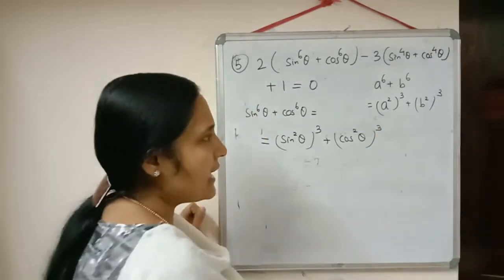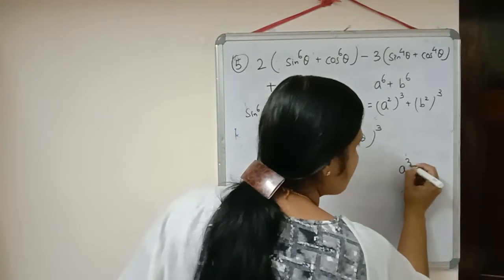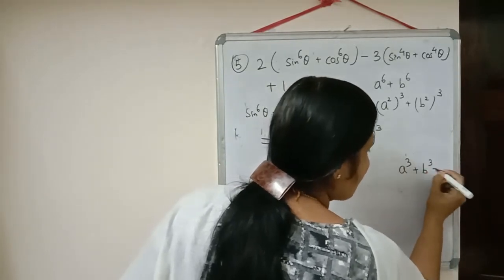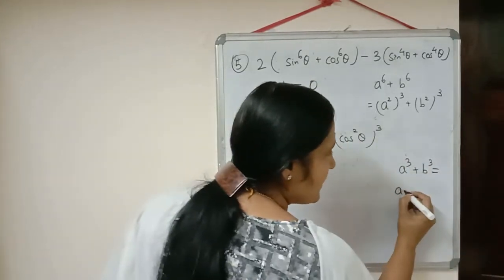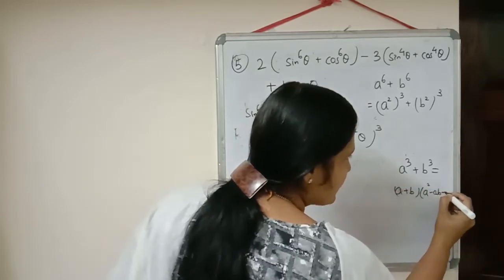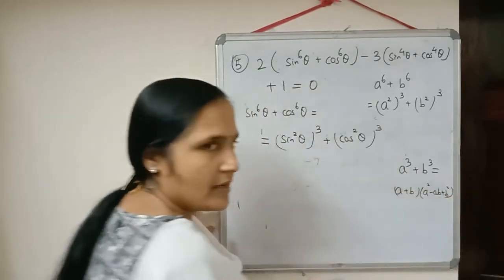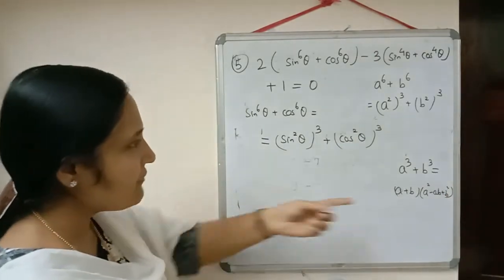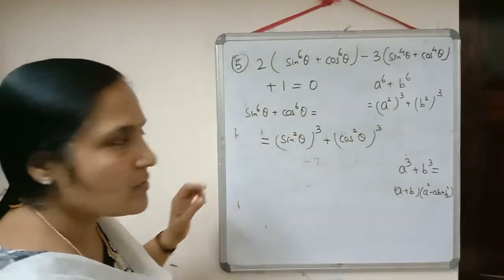Now, do you know the identity? What is a cube plus b cube? Yes, a cube plus b cube is a plus b into a square minus ab plus b square. So now here in place of a what we have? Sine square theta.